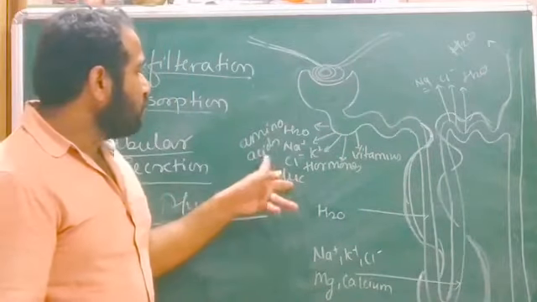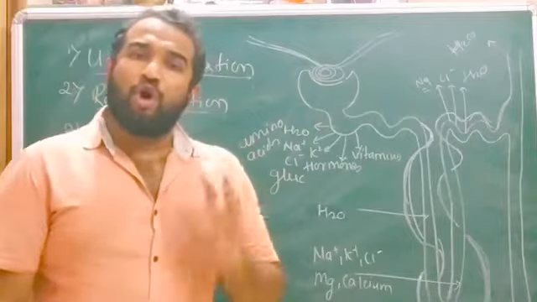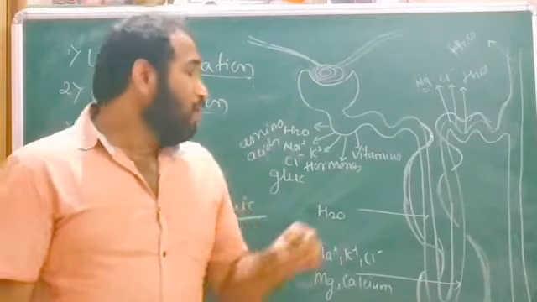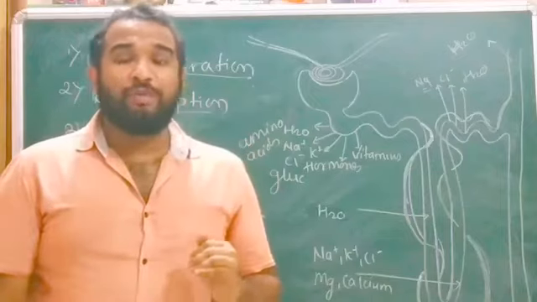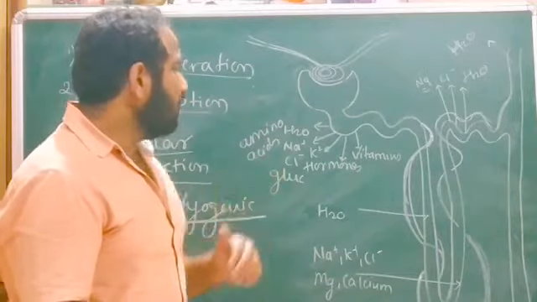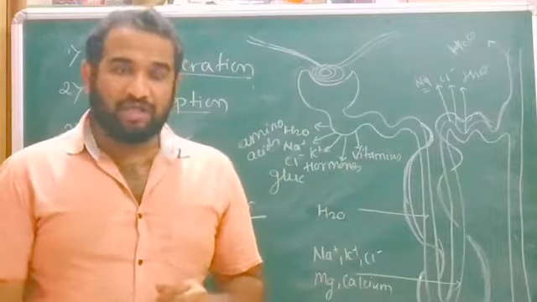Then when we talk about glucose and amino acids, almost all the amount of glucose and amino acids is reabsorbed back. Okay. So glucose and amino acids are reabsorbed by the process called secondary active transport.